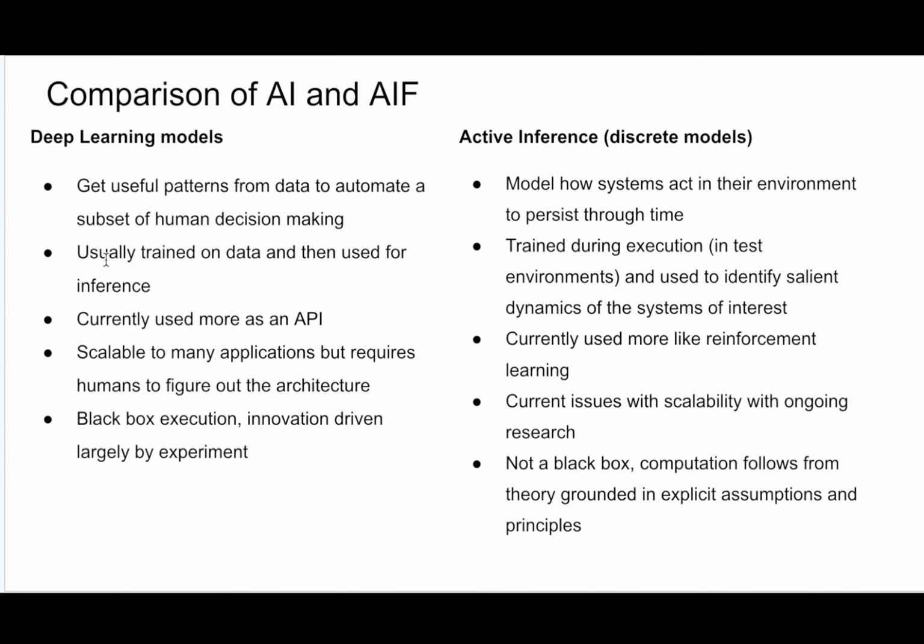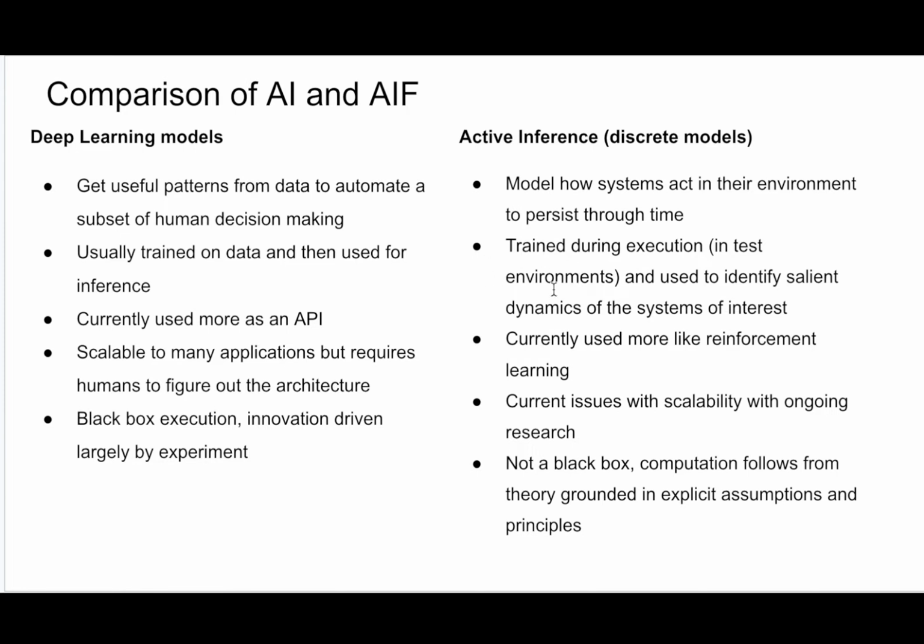Deep learning models are usually trained on data and then used for inference. Once they're trained, they usually don't change their structure very much, and the inference in this case can be thought of as fixed. On the other hand, active inference models are trained during execution, if we can call the process of uncertainty minimization training.